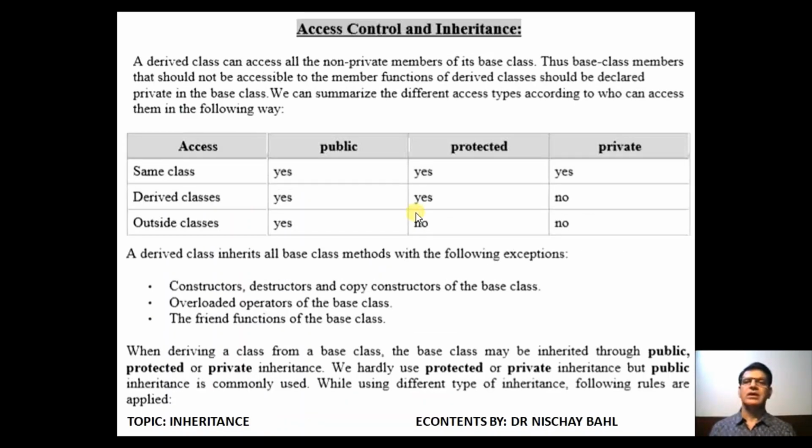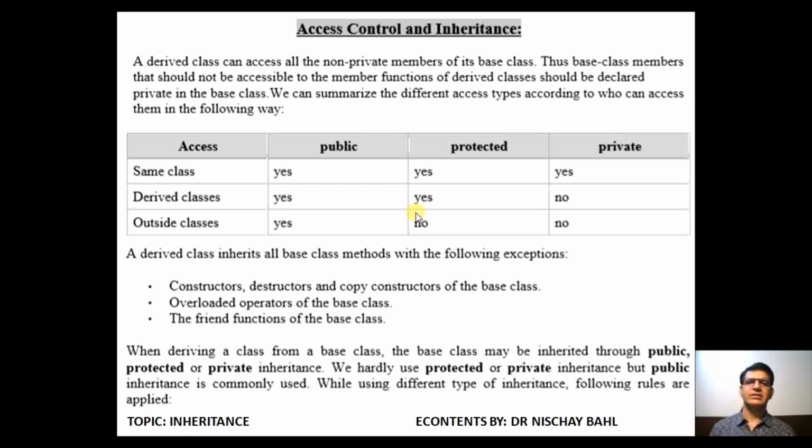A derived class can access all the non-private members of the base class. Thus the base class members that should not be accessible to the member functions of the derived class should be declared as private, because whatever we declare as private cannot be accessed outside the class. So we can implement data hiding by this method.